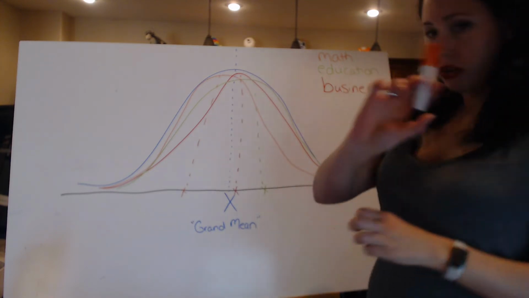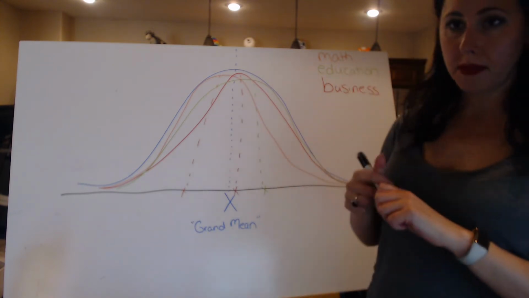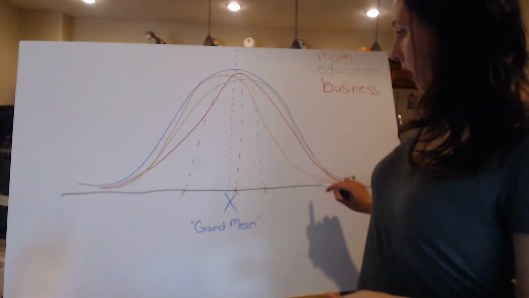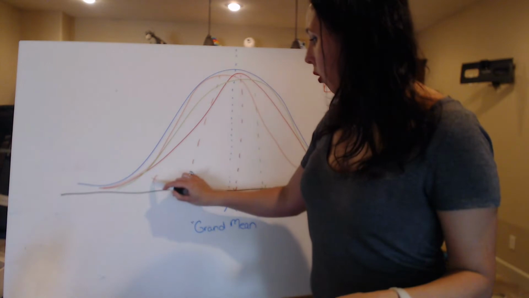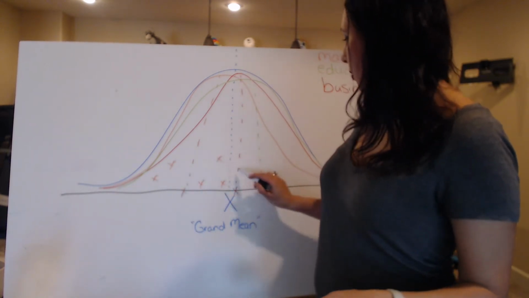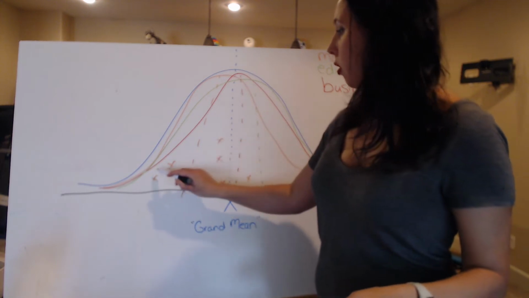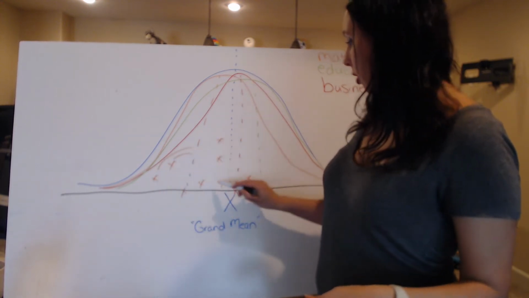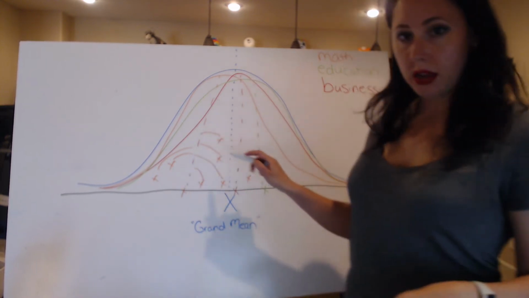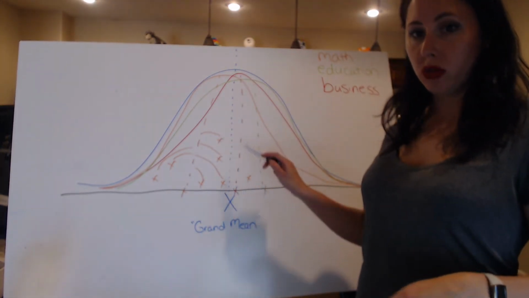So over here, let's use orange because we're going to be talking about our math majors. Within our orange plot, we would have our orange scores spread out that we would be comparing to the mean of the orange ones, the mean of the math majors. We'd be looking at the variability, right, and comparing our individual scores.